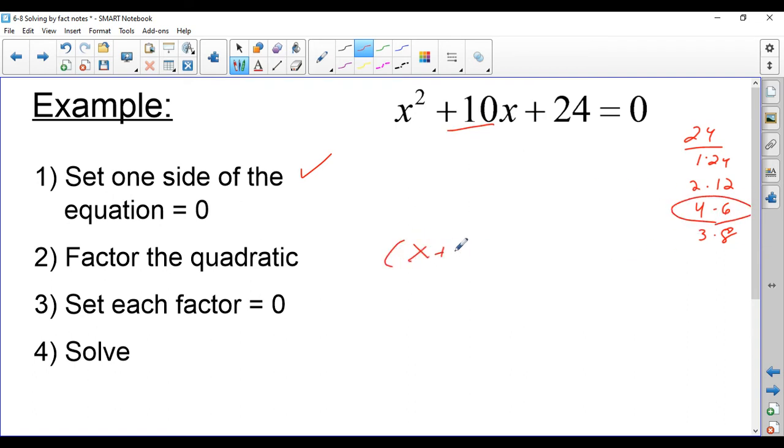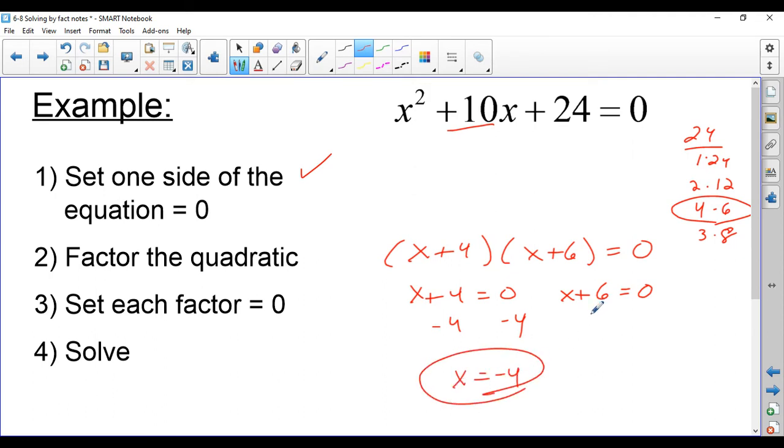So I have x plus 4, x plus 6 equals 0. Set each factor equal to 0 and solve. If it's plus 4, I have to subtract the 4. If it's plus 6, I have to subtract the 6. These have two answers because of this square here, so we can have two different x's.